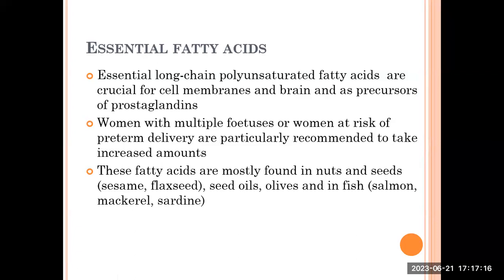If you don't have essential fatty acids in your diet, you may not be able to produce some of these prostaglandins, some of which are essential even for mediating inflammation. They are pro-inflammatory in nature, and they help to mediate inflammation.